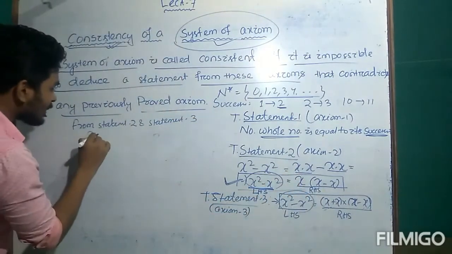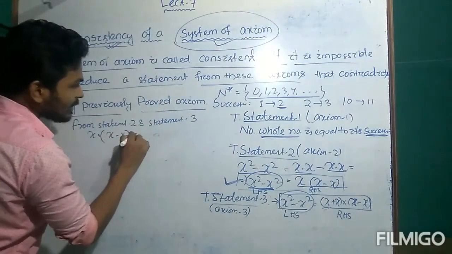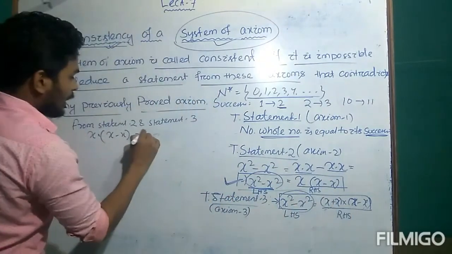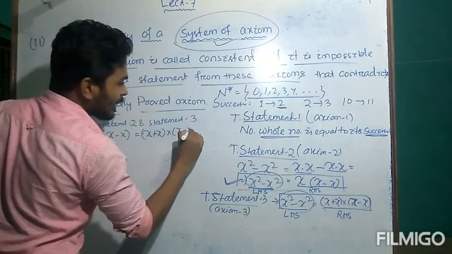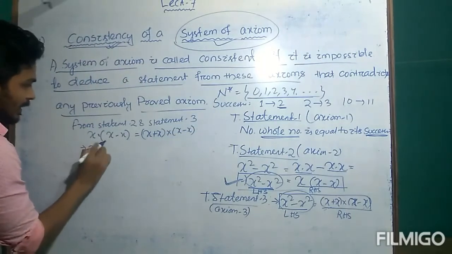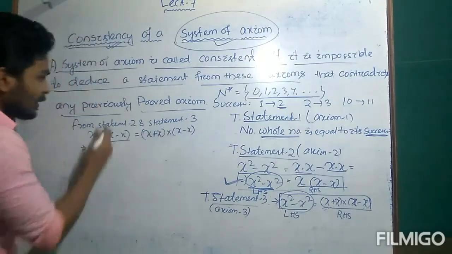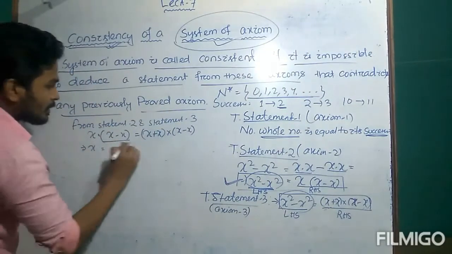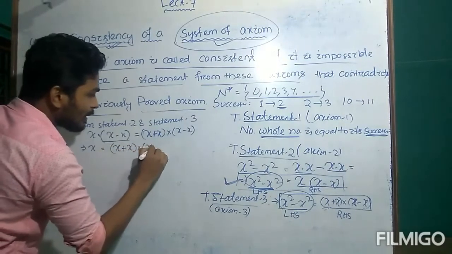That means x whole into x minus x is equal to x plus x into x minus x. Clear? Next, here x minus x is multiplied, so we should take it to the right hand side. In the right hand side we have x plus x whole into x minus x.